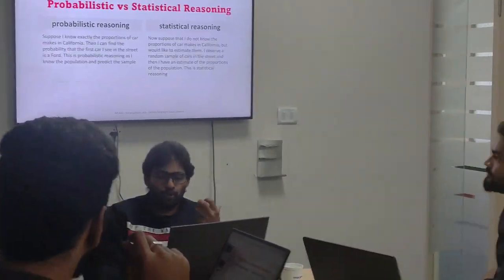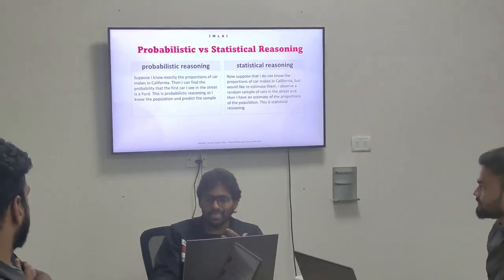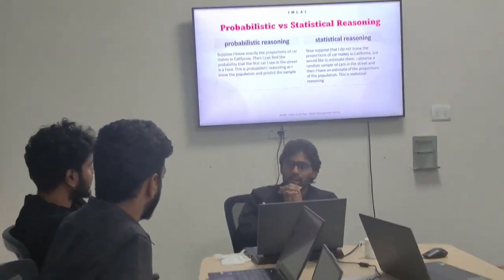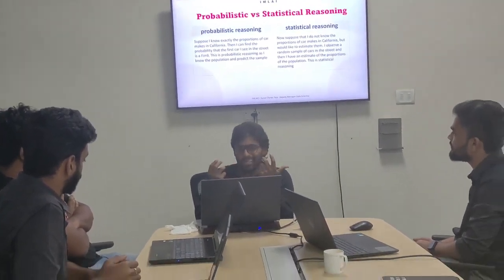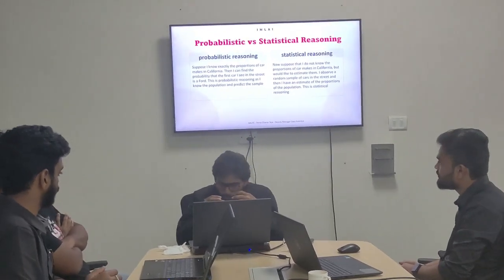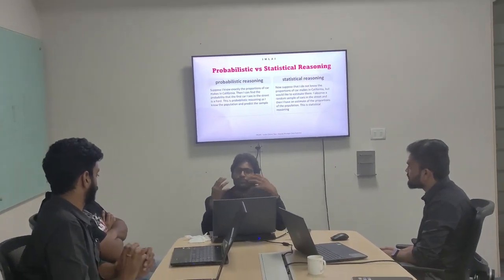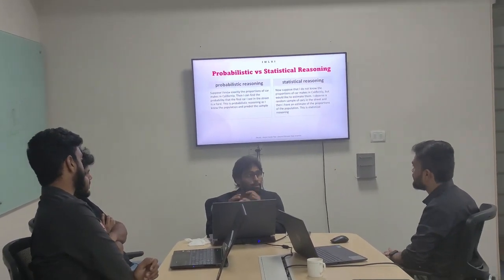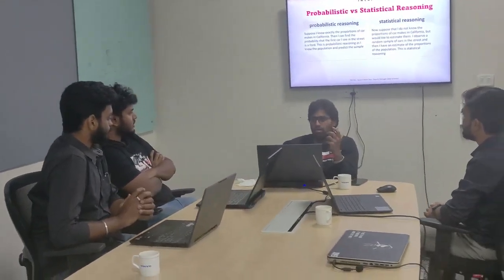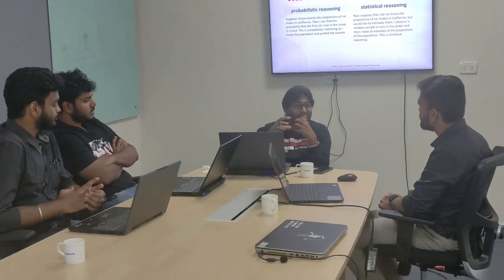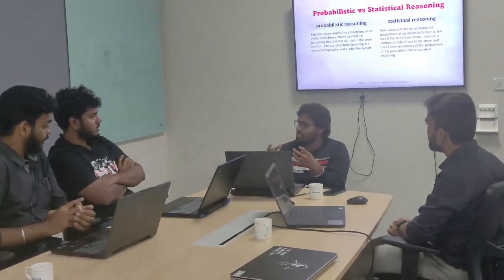So to put it simply, probabilistic reasoning and statistical reasoning are closely related concepts, but they have some fundamental differences. Probabilistic reasoning refers to the use of probability theory to make predictions or draw conclusions about the likelihood of events or outcomes.